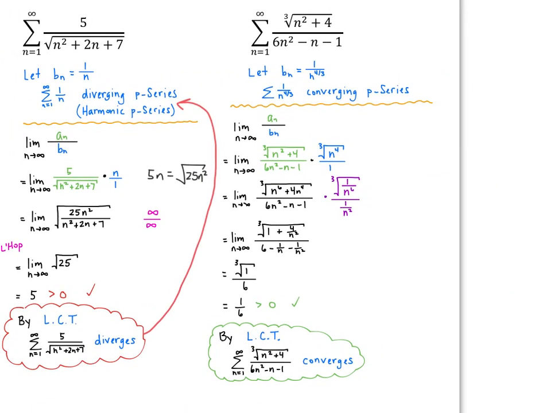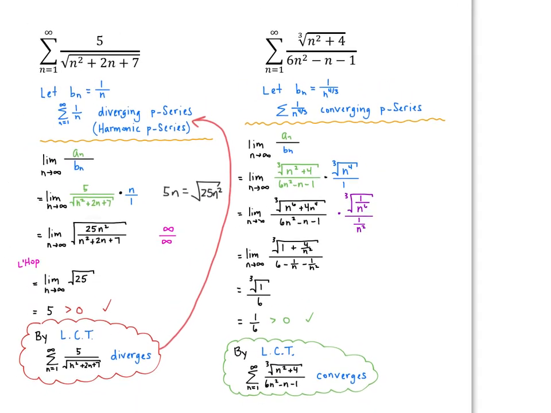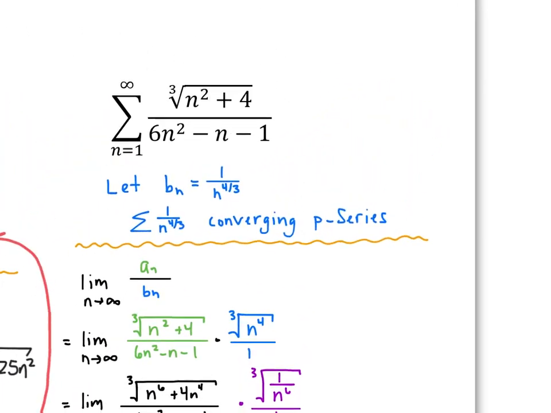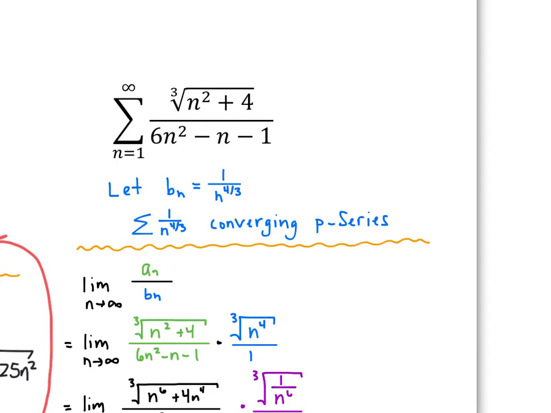Okay. So what I do is some side notes every once in a while. I say, all right, well, what is the power of our numerator and what is the power of our denominator? Okay, so the power of our numerator, we have n to the 2/3, right? And our denominator is n squared.